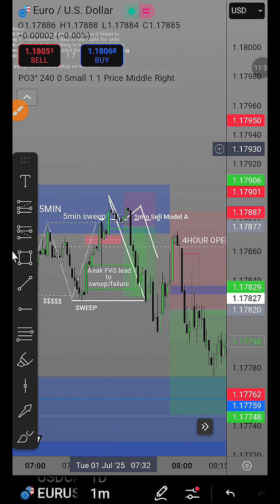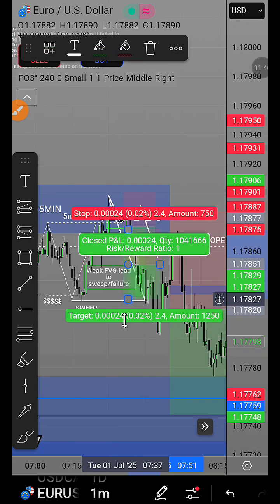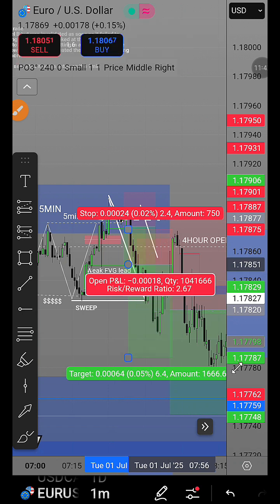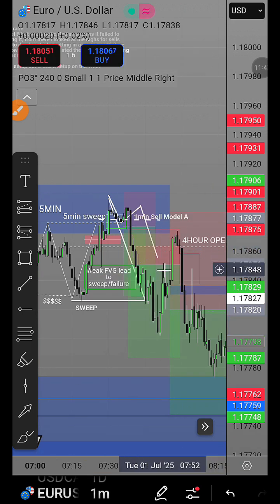Protected swing points. So basically, you would anticipate that as soon as that protective swing point then gets displaced, you would then short and then target whatever your risk to reward is, whatever you normally target.